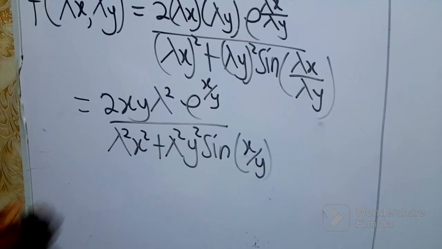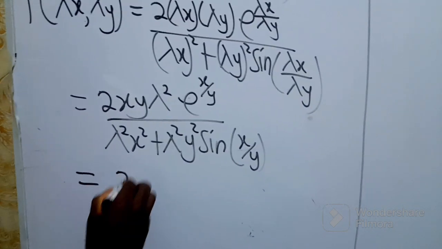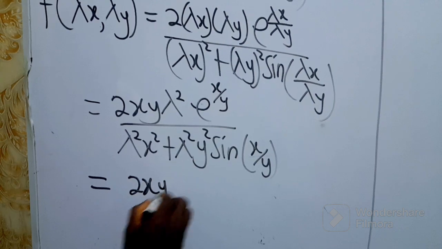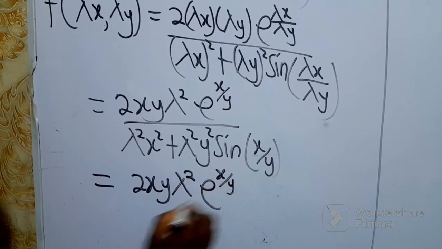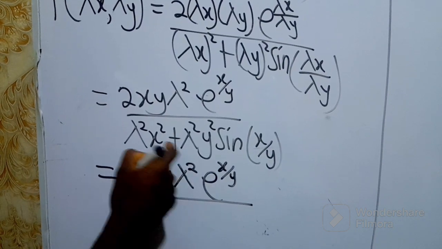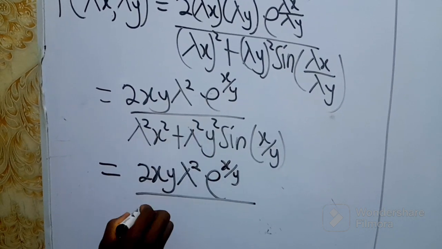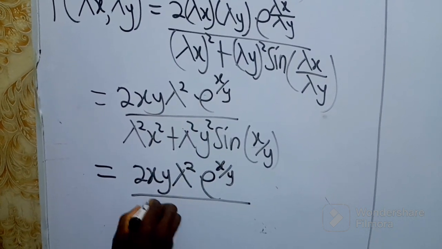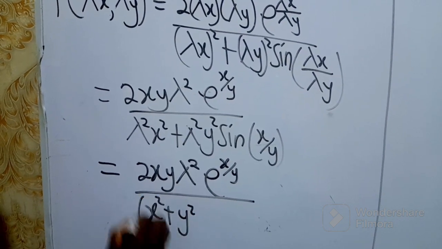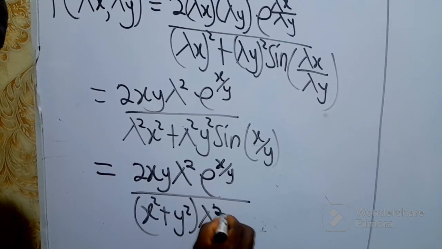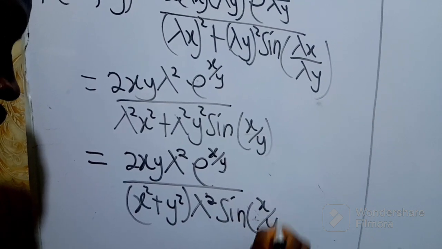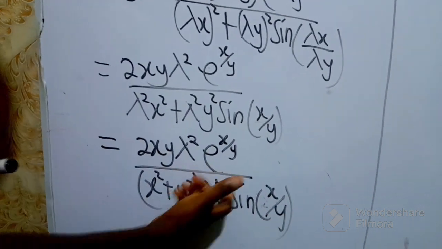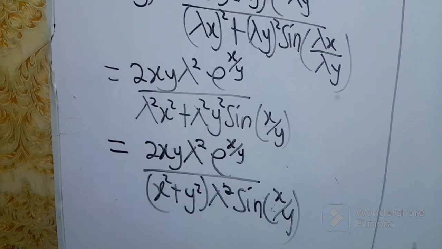So what are we having? We have 2xy lambda square e exponent x over y for the numerator, and then the denominator lambda square is common to them, so we can say x square plus y square, then lambda square out, sine x over y. So you can see that this lambda square can divide that lambda square.